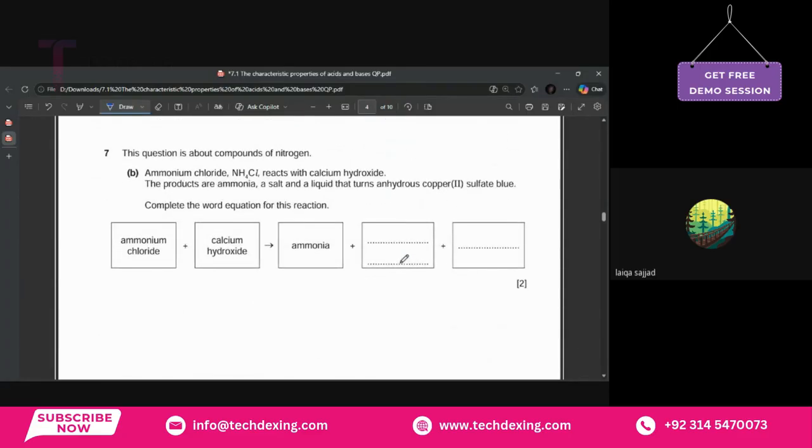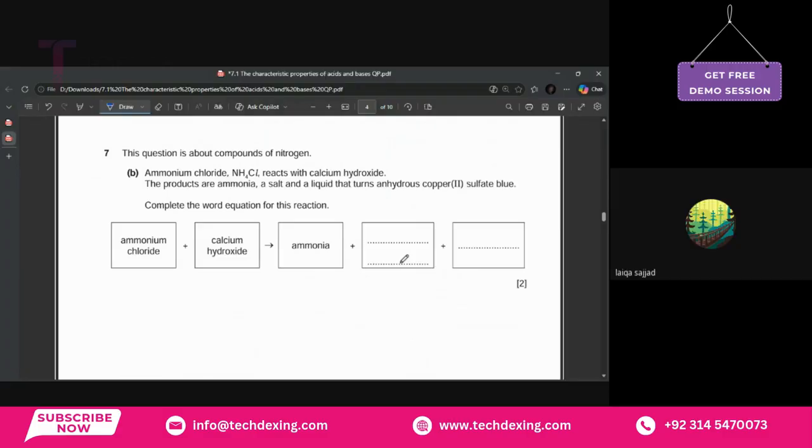This question is about compounds of nitrogen. Ammonium chloride reacts with calcium hydroxide. The products are ammonia, a salt, and a liquid that turns anhydrous copper sulfate blue. You have to complete the word equation for this reaction. When we react ammonium chloride with calcium hydroxide, one of the products will be ammonia, and what are the other two products that we will get? Calcium chloride and water. Very good.